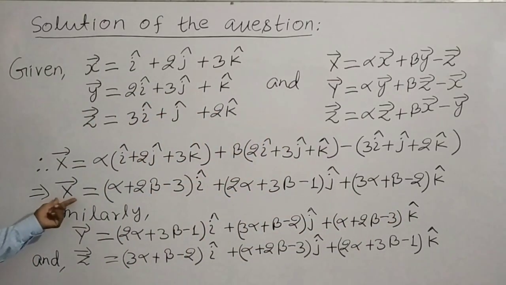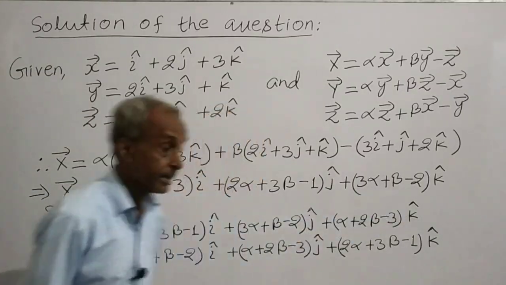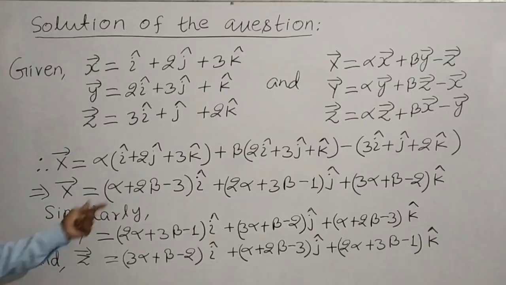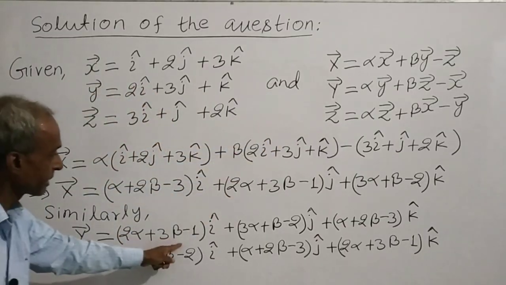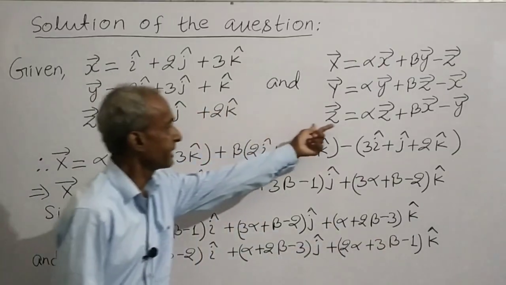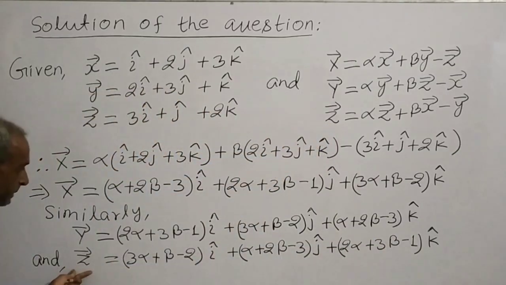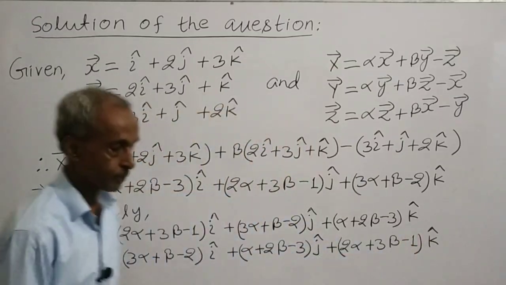Now, vector capital X has been expressed in terms of i, j, k. Similarly, vector capital Y can be expressed in terms of i, j, k, and vector capital Z can be expressed in terms of i, j, k.